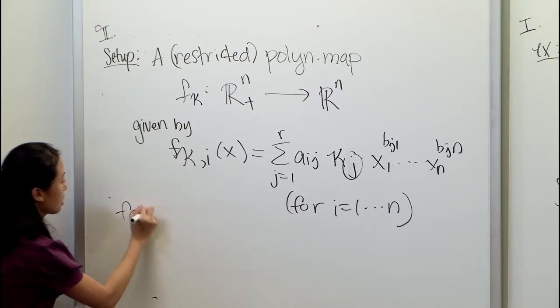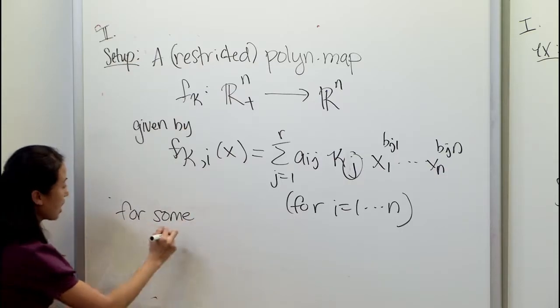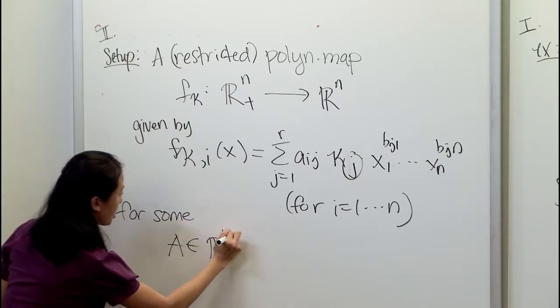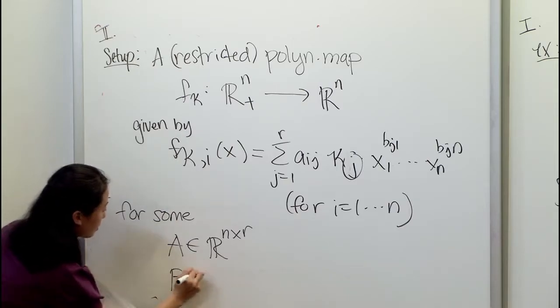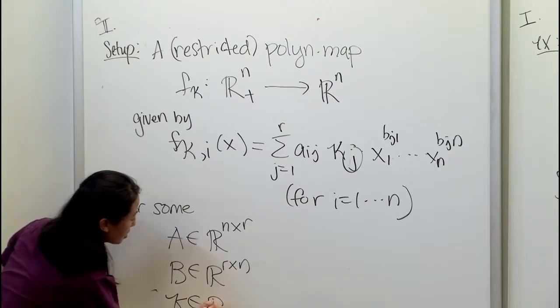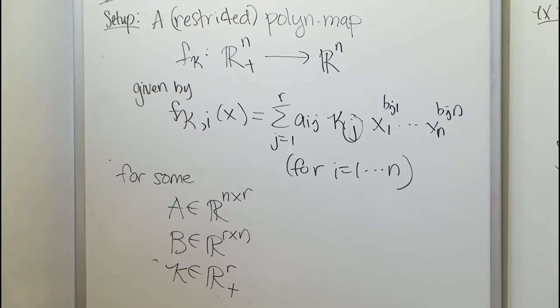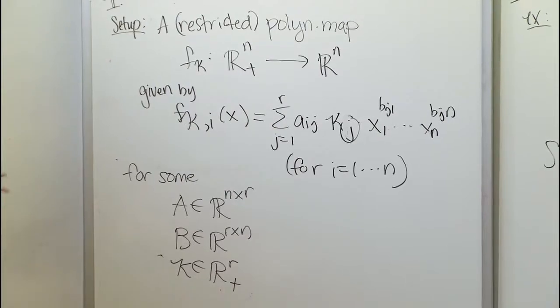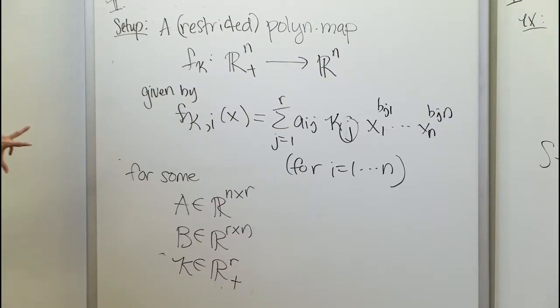So for some matrix A, which is a real n by r matrix, B is r by n, and kappa is strictly positive, a sum over all of the possible monomial coordinates. And the example you can think in your head, at least for my application, is when these f sub kappas are those 3 differential equations there, or 3 just polynomials.